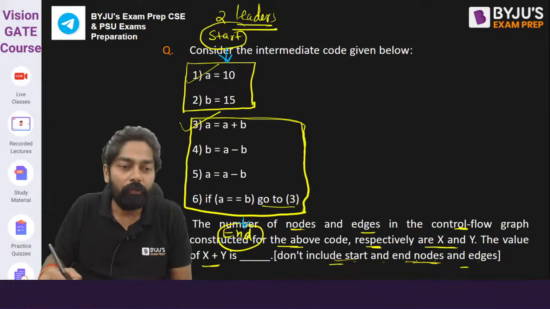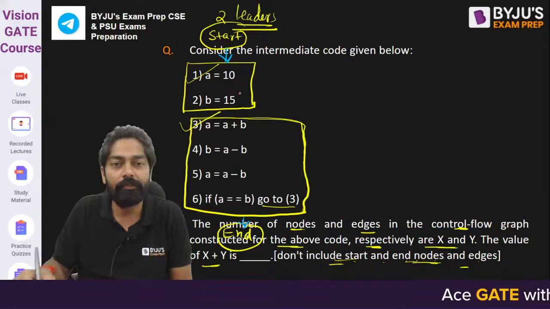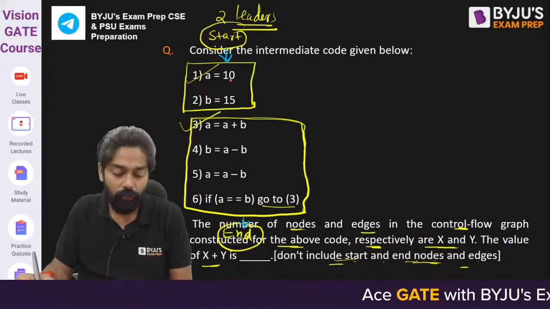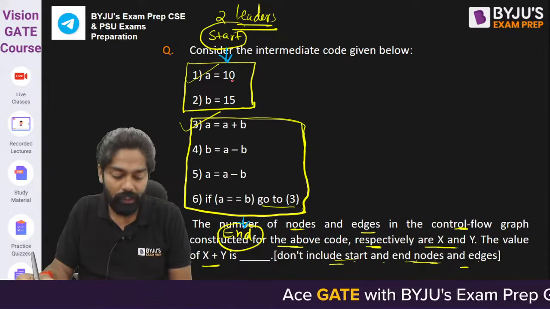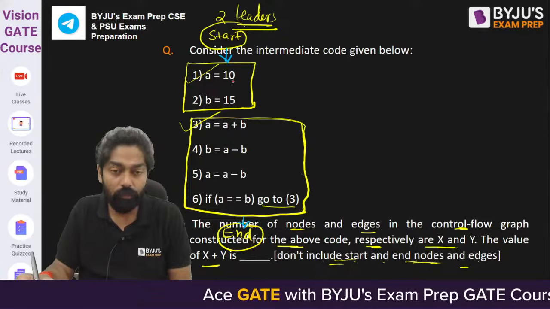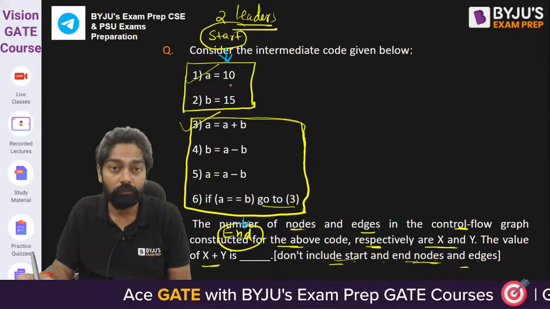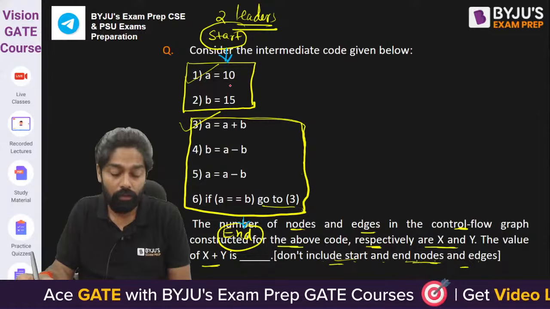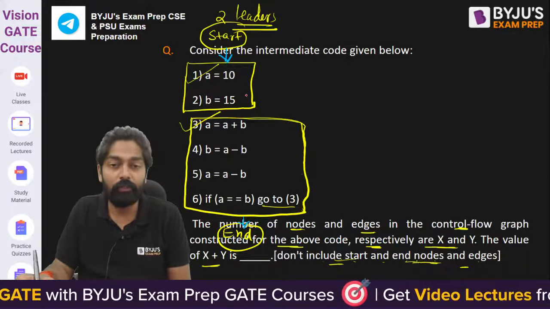Let me change the color for you. Let me take red if it is visible. See clearly here: 2 nodes and 2 edges they are telling.